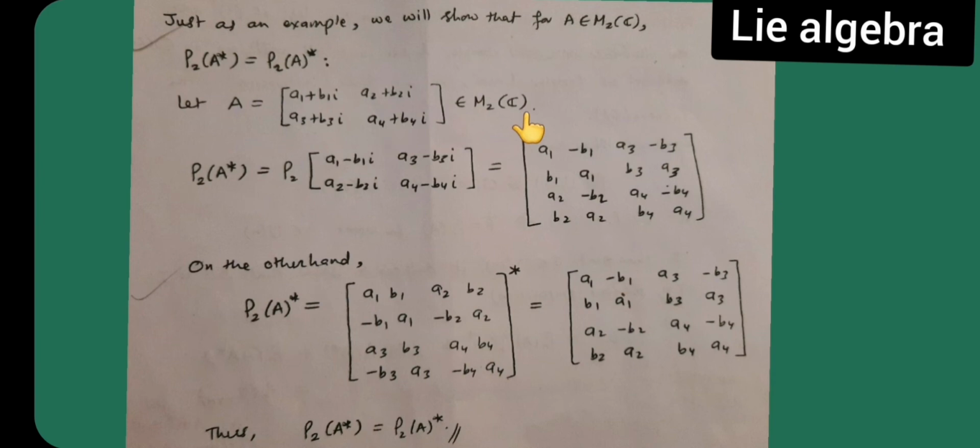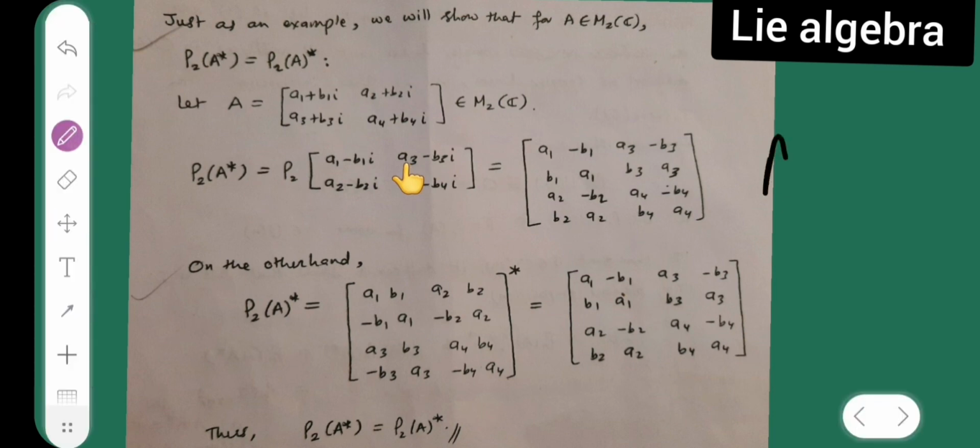It belongs to M2 of C. So A1 plus B1i, A2 plus B2i, A3 plus B3i, A4 plus B4i. Now I'll take rho 2 of A star, keep it outside. A star is nothing but A bar transpose.